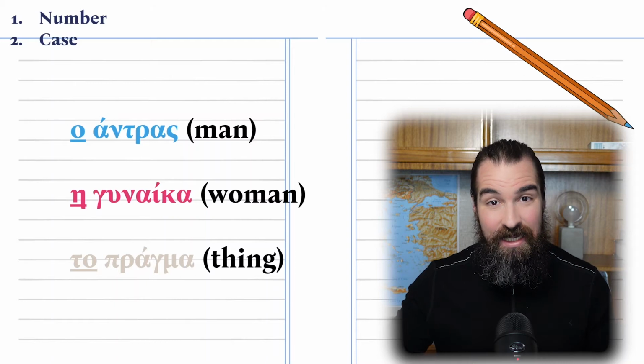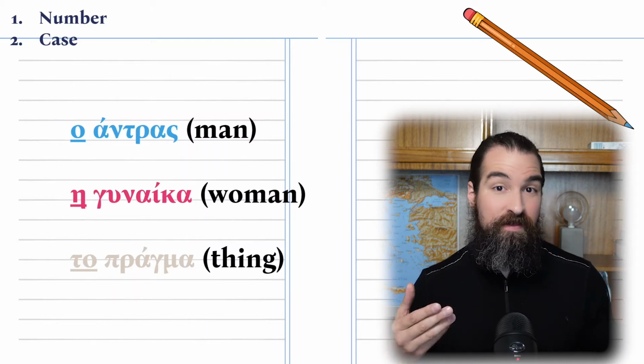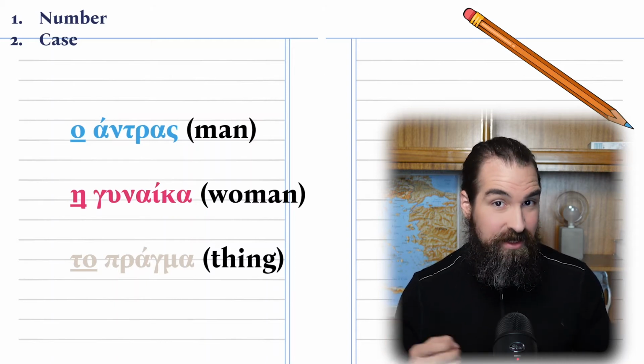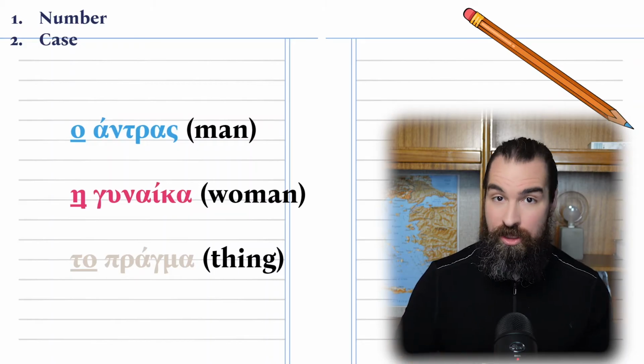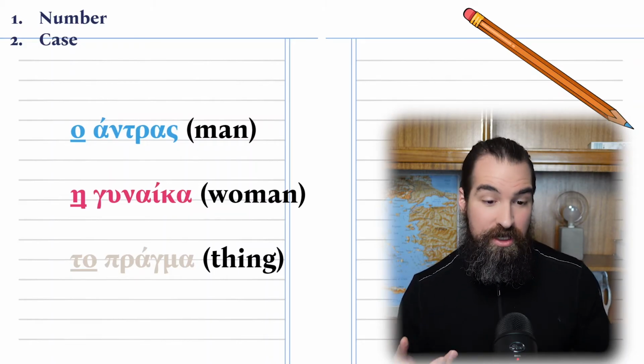And then i corresponds to the feminine gender, and then to corresponds to the neuter gender. And so, what is the third thing in a Greek noun, aside from number and aside from case? It is gender.